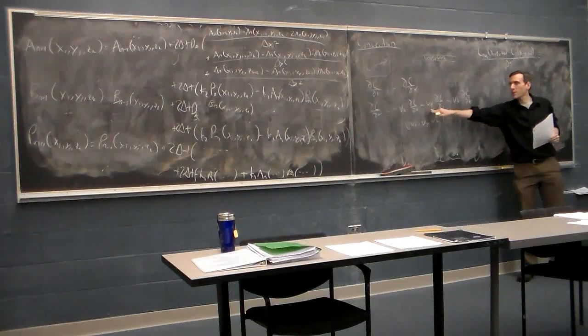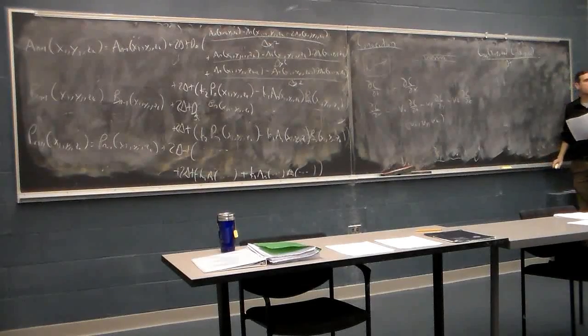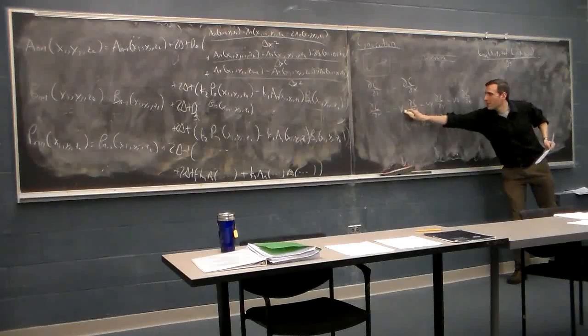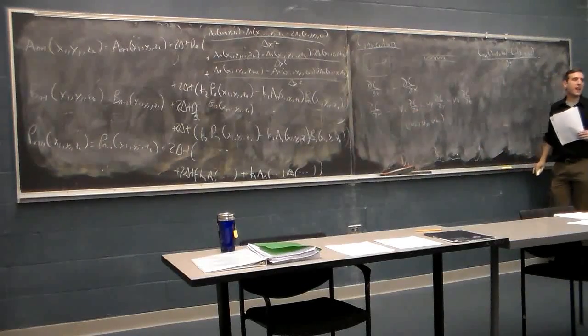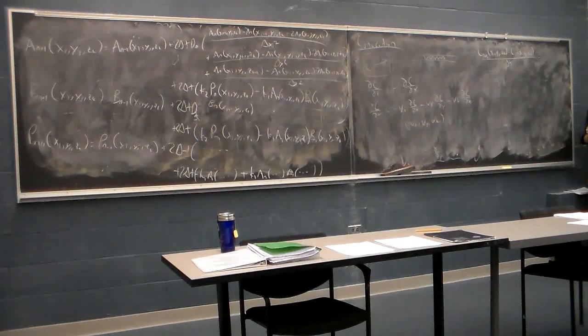And how would we numerically approximate this thing? Let's start with the first term here, minus v sub x dc/dx. How could we approximate that?